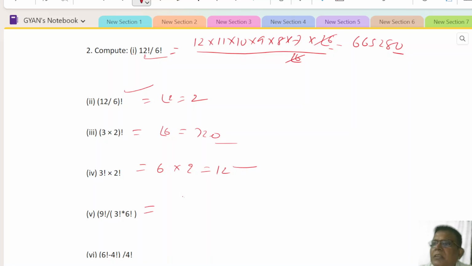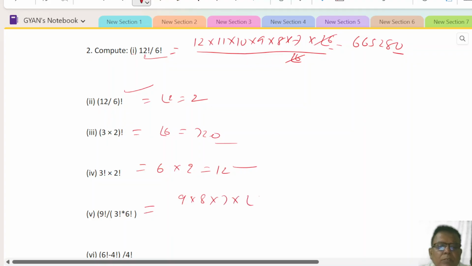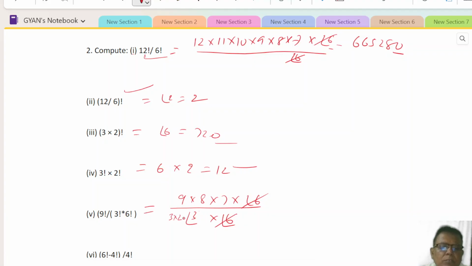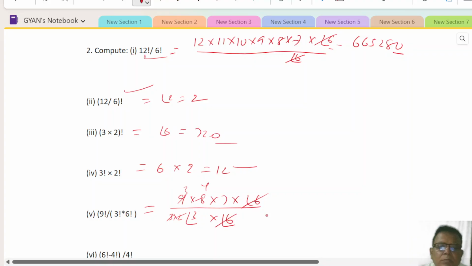So factorial 9 is 9 into 8 into 7 into factorial 6 divided by factorial 3 into factorial 6. This will get cancelled, and factorial 3 is 6. So 3 into 2, that is equal to 84.